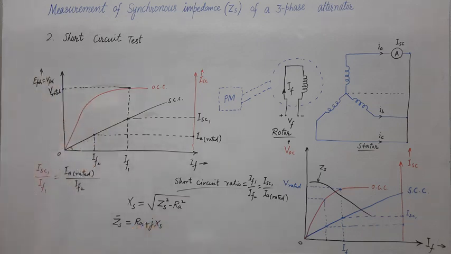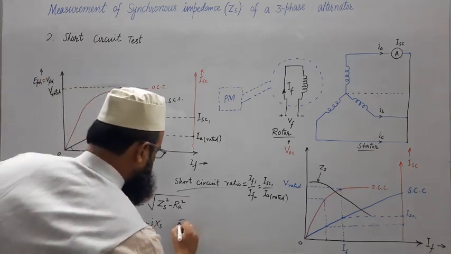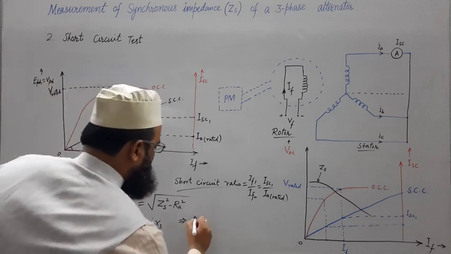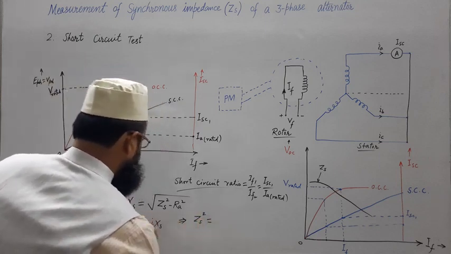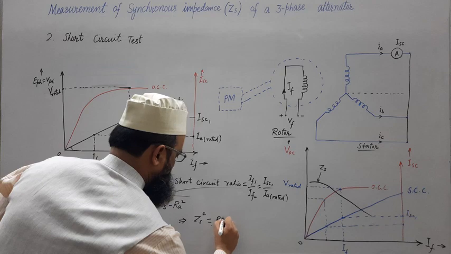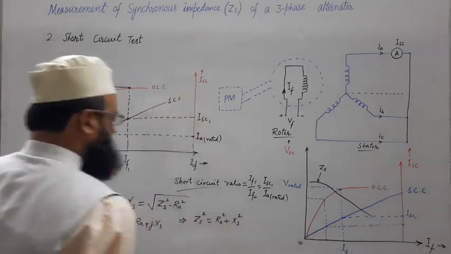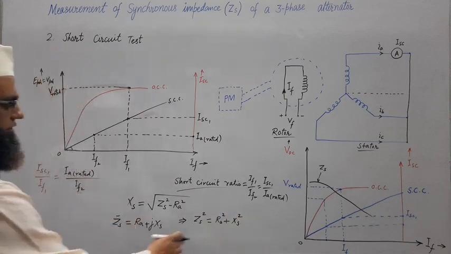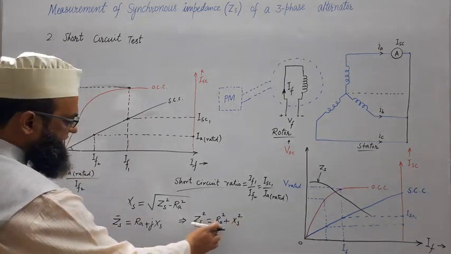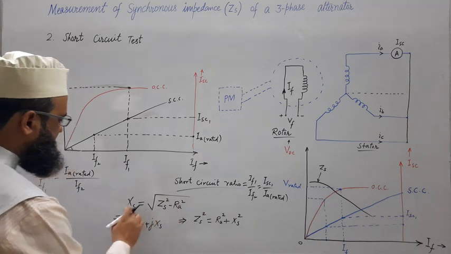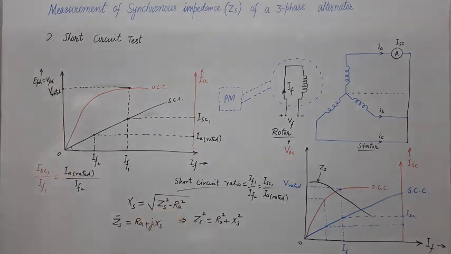So this implies ZS square will be equal to RA square plus XS square, and then from here we may write XS square is equal to ZS square minus RA square, and hence XS is equal to the square root of ZS square minus RA square.